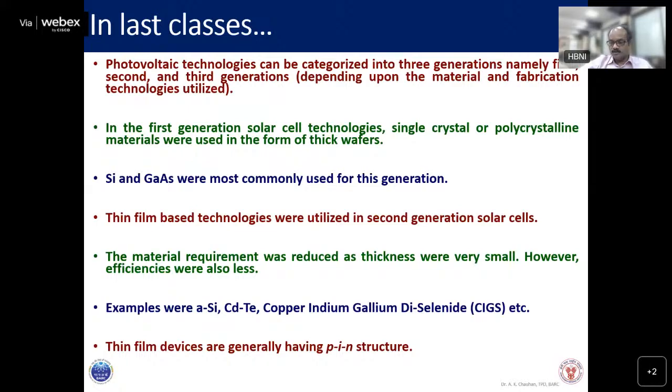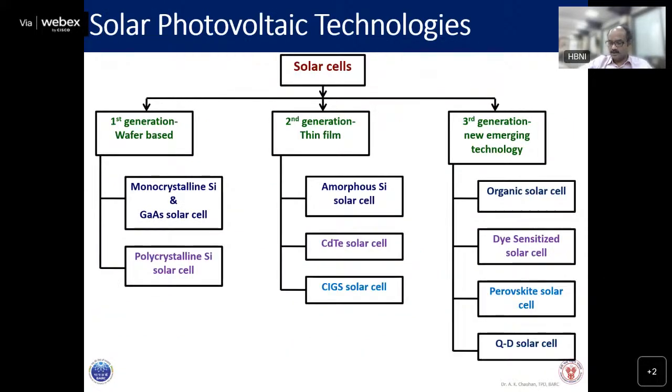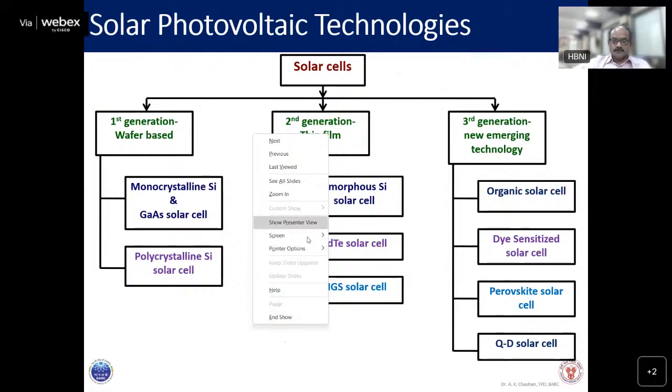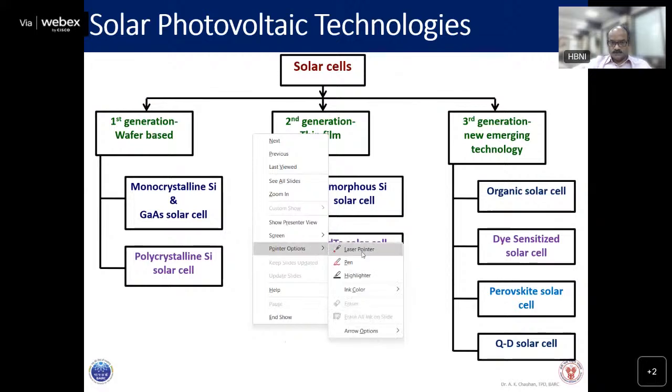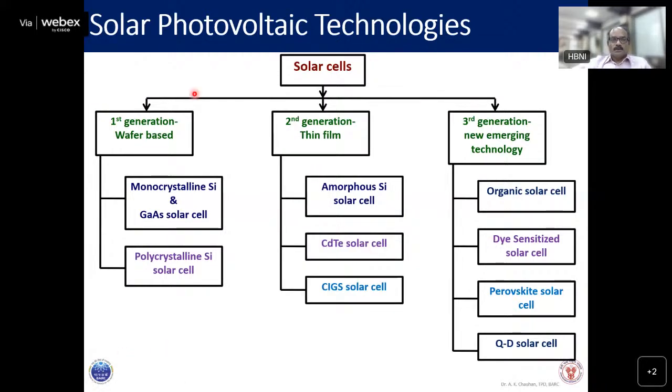So they move under this built-in potential. So this is the summary of the first generation and second generation. Now, today we'll see the third generation, or new emerging technologies.